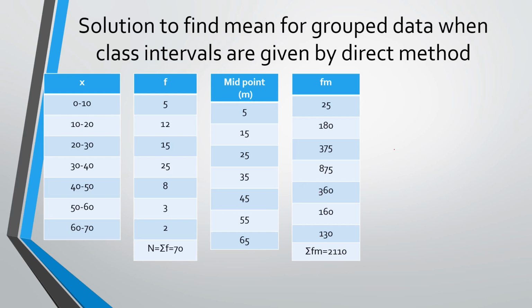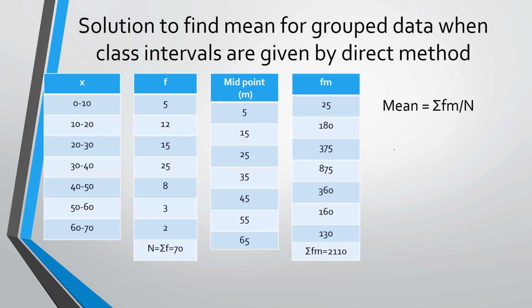Now the formula is mean is equal to summation of Fm divided by N, where Fm is nothing but the product of frequency and the midpoint, and N is the sum of the frequency. So now substitute the values.